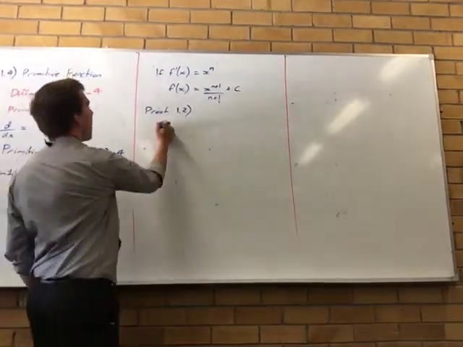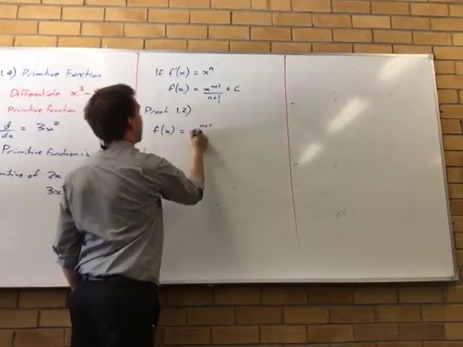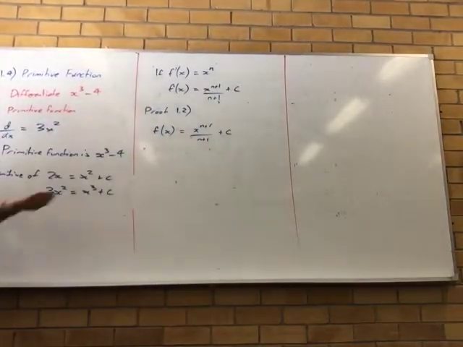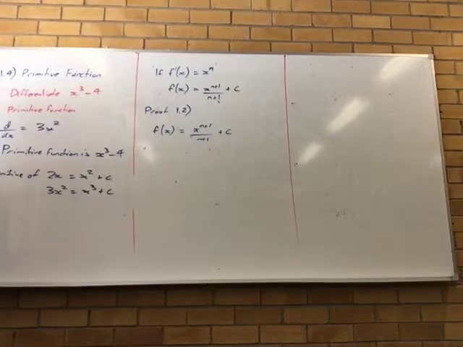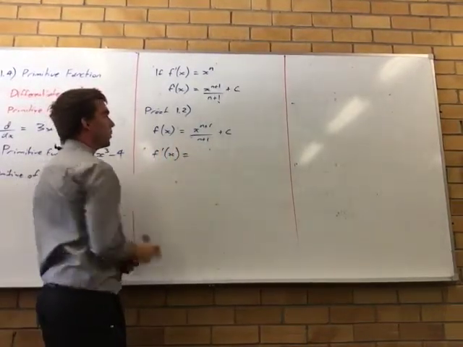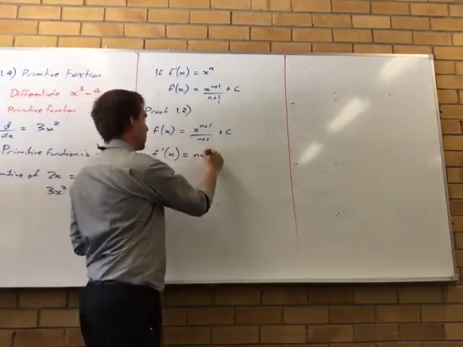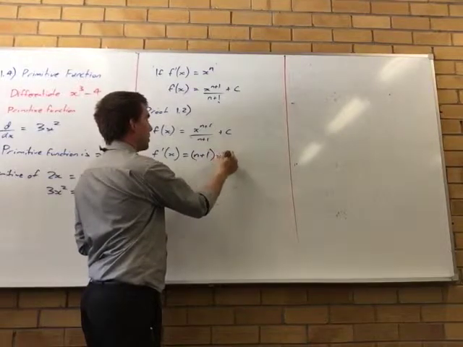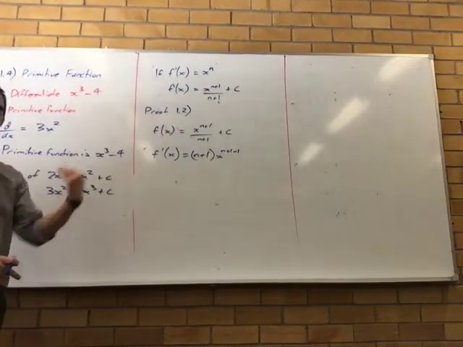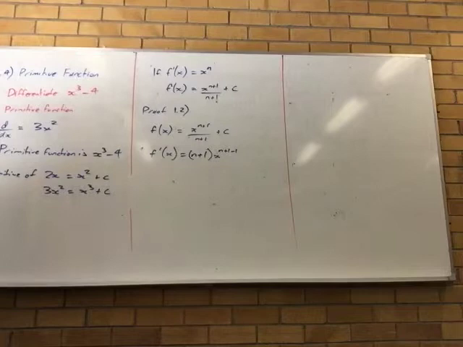Alright, so if we assume x to the n plus 1 over n plus 1 plus c is the original function and we need to differentiate, going back to what you've learnt last term, f dash of x is equal to: we need to bring that whole value down, the n plus 1 times x, we take 1 off the power by subtracting 1, and when we differentiate a constant number, it's 0.